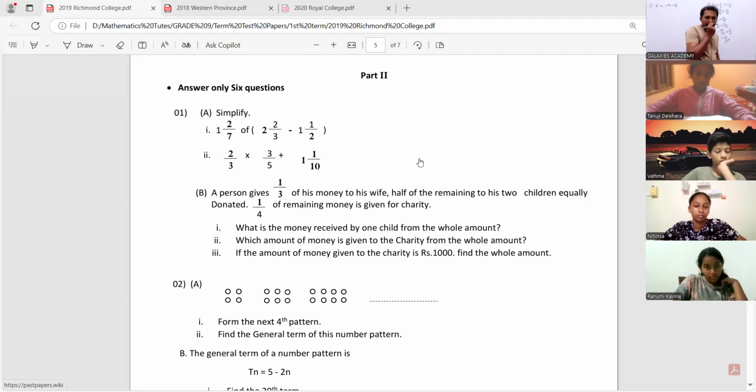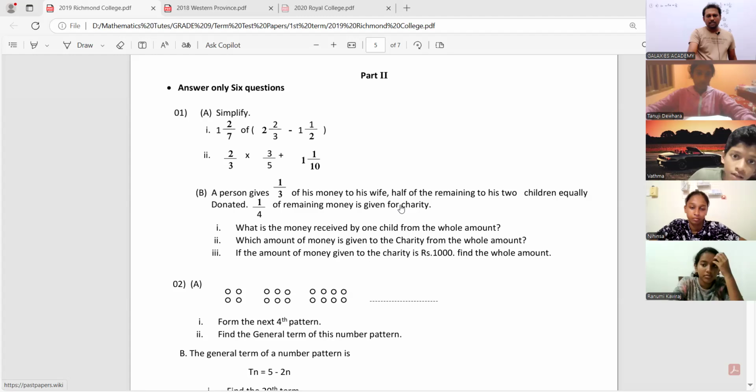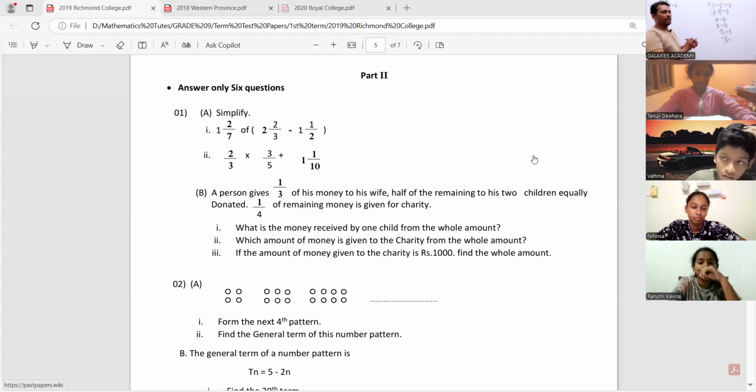Can you tell me, if he gave 1 over 3 of money to his wife, what's the remaining portion? 2 over 3. Then look at another part given. Half of the remaining to his 2 children equally donated.